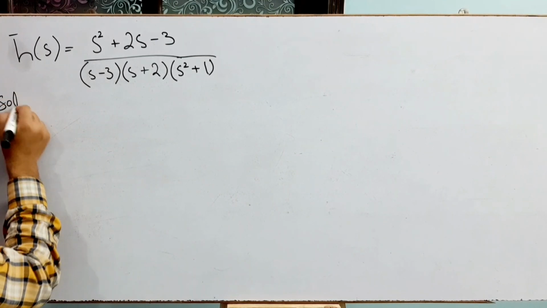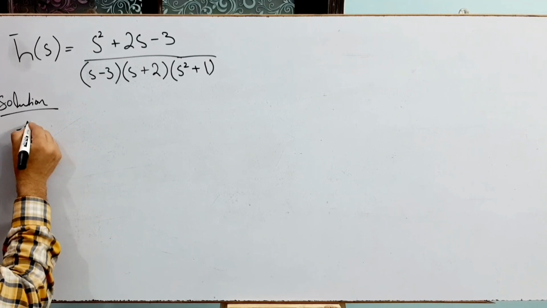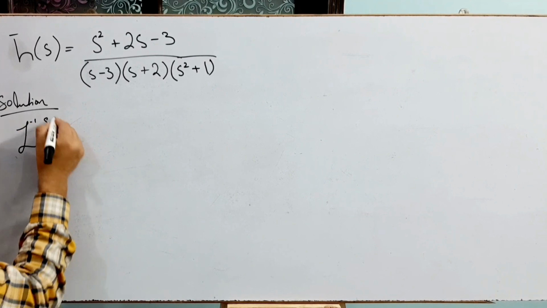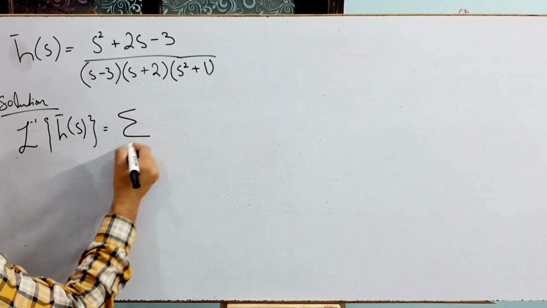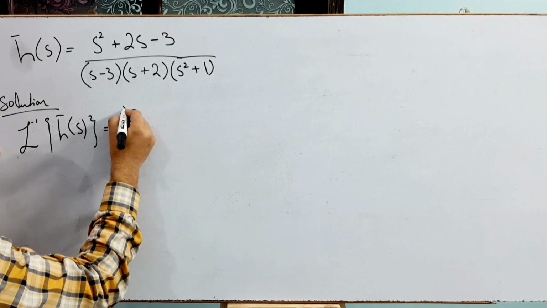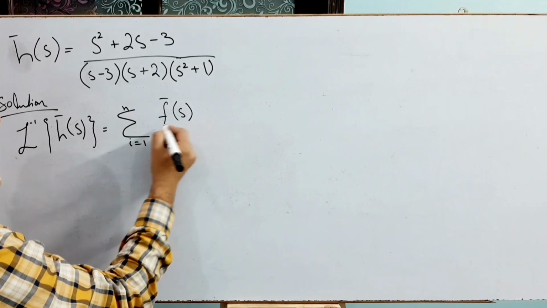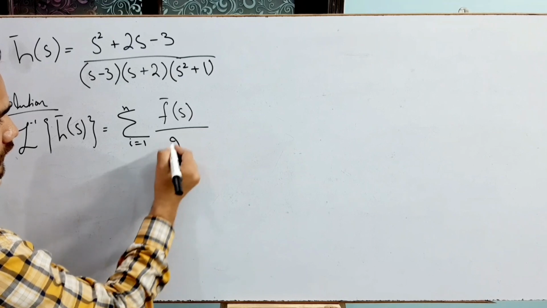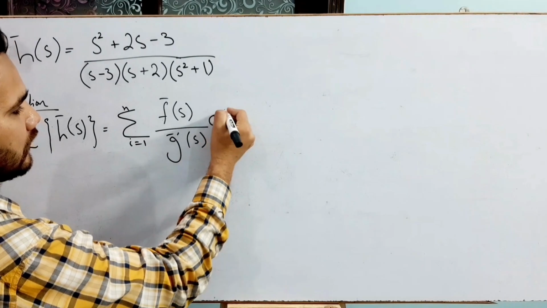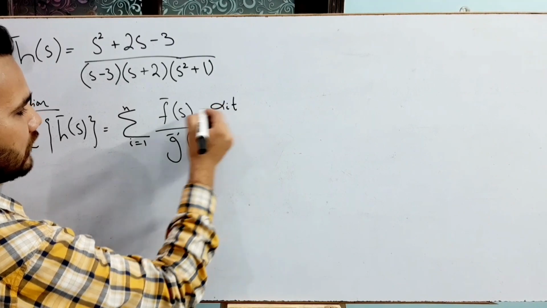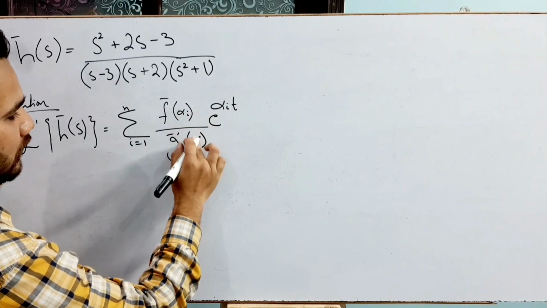From the theorem statement, we have Laplace inverse of h bar of s equals the summation from i equals 1 to n of f bar of s divided by g bar prime of s, times e power alpha i t, and this is not s, sorry, this is alpha i.